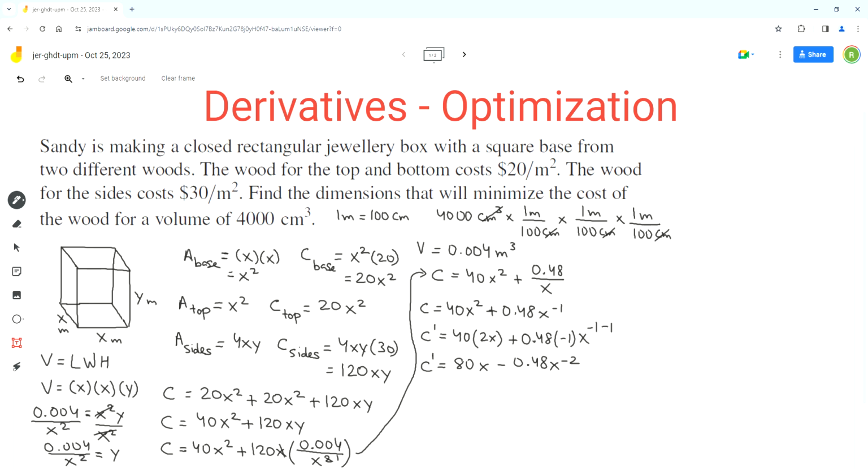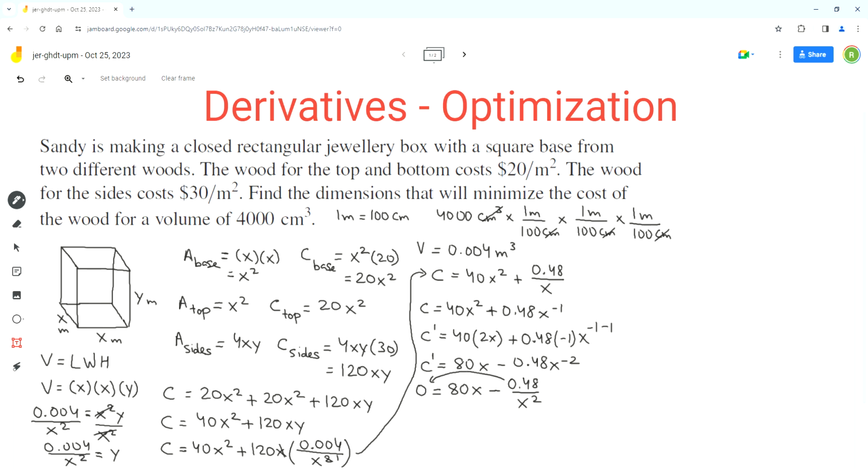Now we can set the derivative equal to 0. So we get 80x and we can move the x squared to the denominator to make the exponent positive. Now we have to solve this equation. So we have to isolate x. So we should move 0.48 over x squared to the left side of this equation.